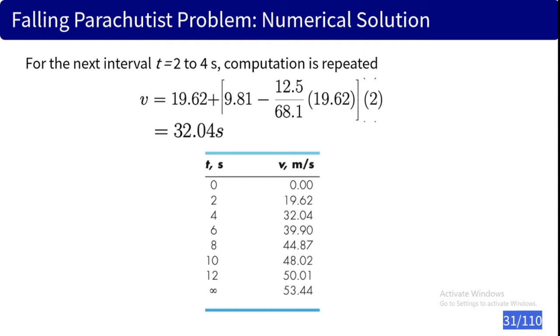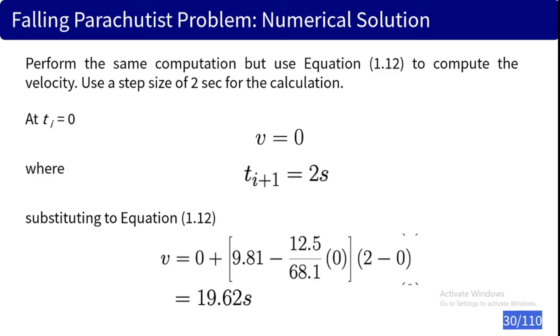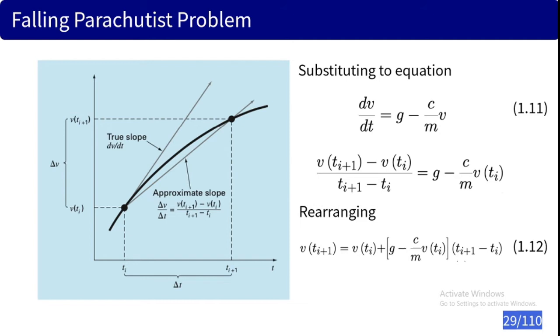Now let's proceed to the next interval, 2 to 4 seconds. For the next interval, the computation is the same, and we just repeat it. Let's substitute. Back in equation 1.12, we put in the initial values, which are now the values at 2 seconds.